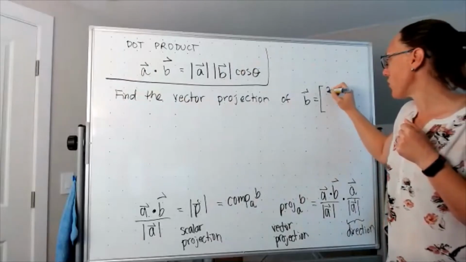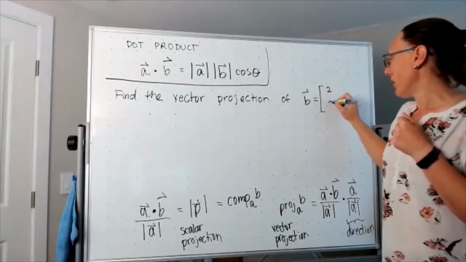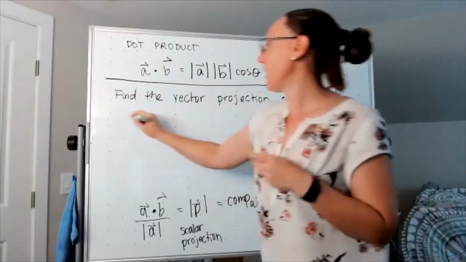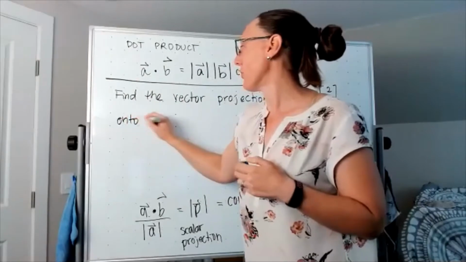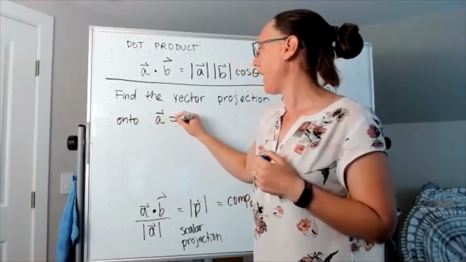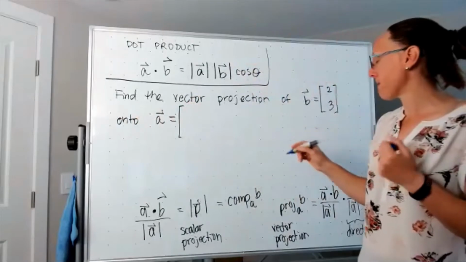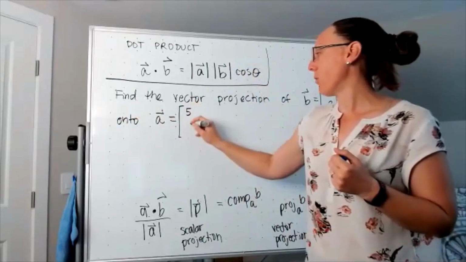Let's make this 2, 3. Vector projection of B onto A. And my vector A is going to be 5, 1.